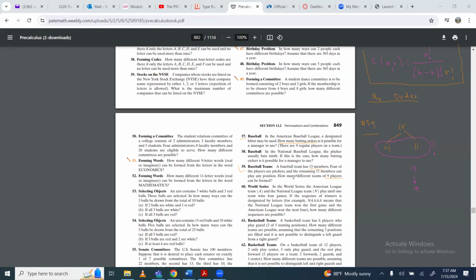Looks like since there is no information, I don't think we really care whether we select a pitcher or a player for any position. So they ask how many different teams are possible. Well, we have a combination because we don't order players in a team. We don't say you're the first player, you're the second. It doesn't matter which order.